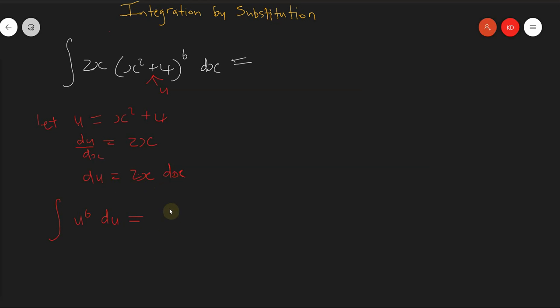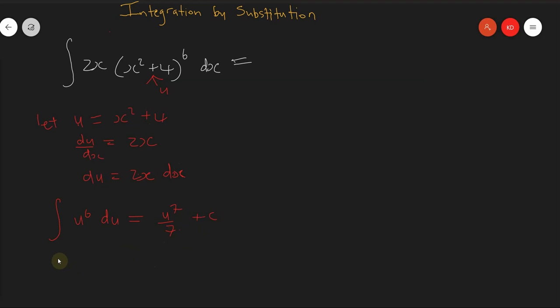When we integrate u to the 6th, that's simply u to the 7th power divided by 7, and of course you add your constant of integration, right? Now that we have that, all we need to do is replace u with what we substituted for u, which was x squared plus 4.